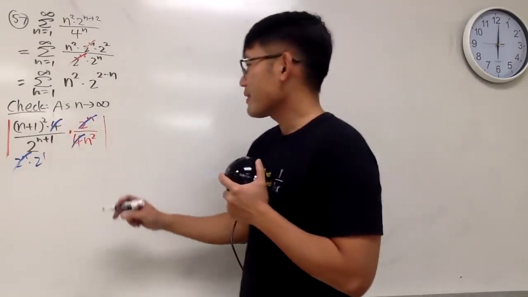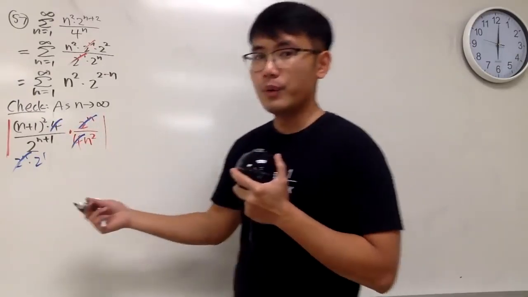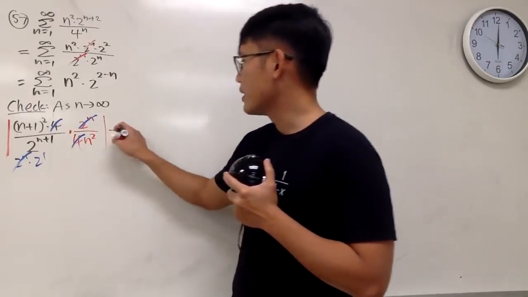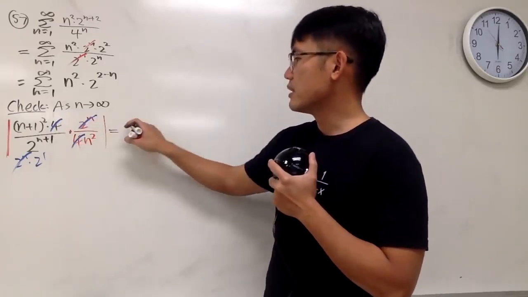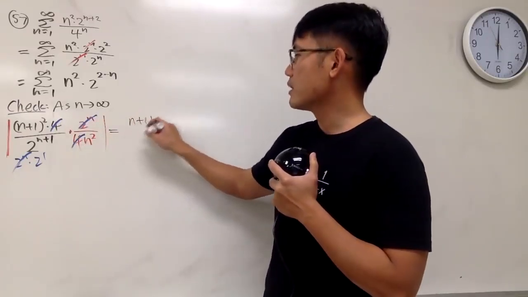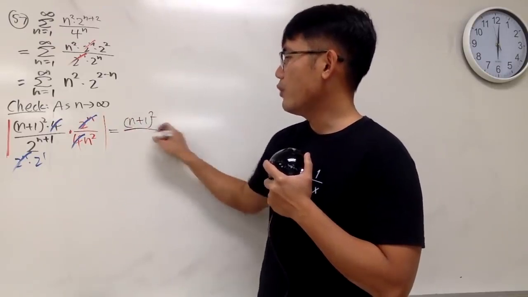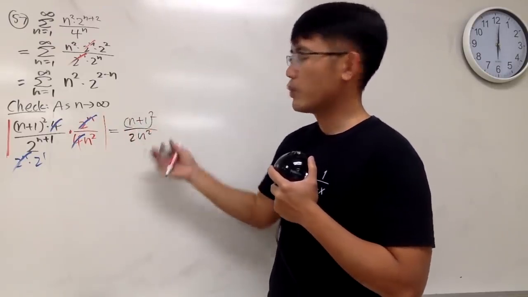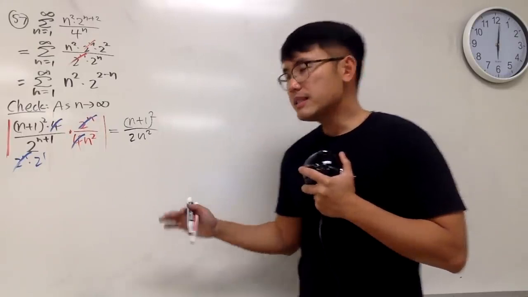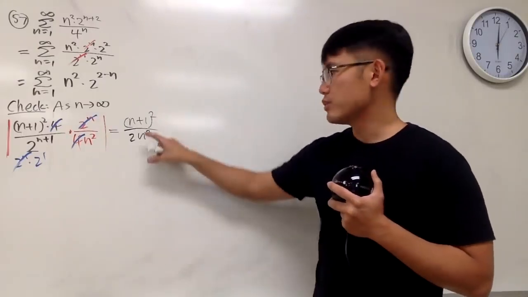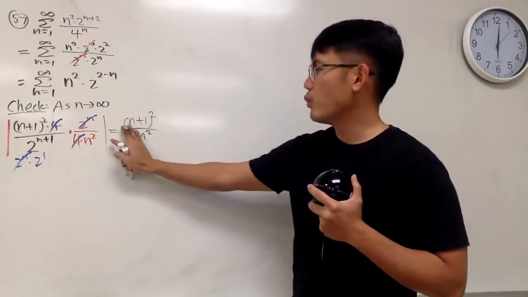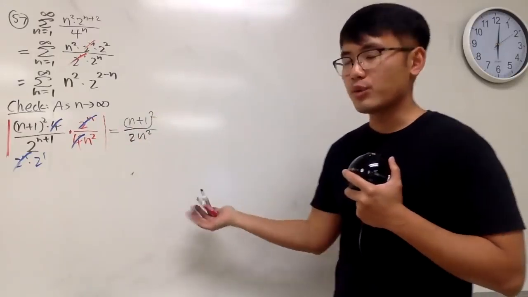Now let's do the algebra. When we do the algebra, we will see that this is equal to, everything's positive again, n plus 1 squared over 2 n squared. Again, the powers right here are finite, so this is just going to be 1, and then you have the 2, so altogether it is 1/2.